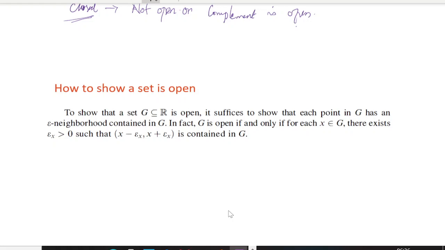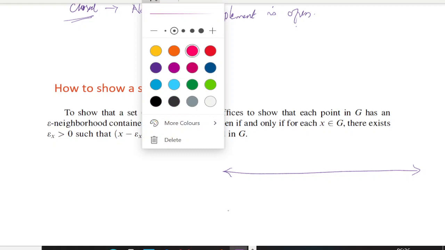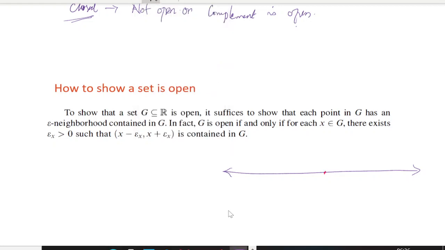So we are dealing with real numbers. I'm marking here the real line and we have got some points. Here I'm making the point x, and I have given a set from here to here. This set is given as G. I want to check whether this G is open or not.